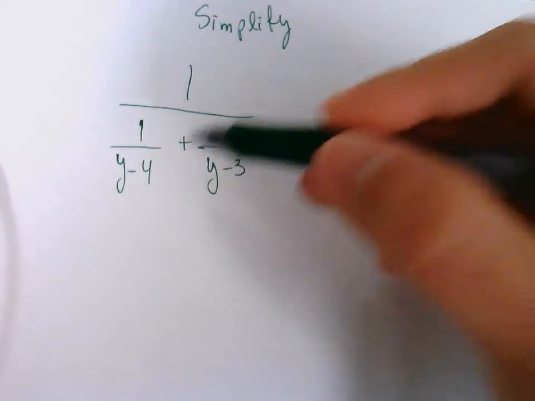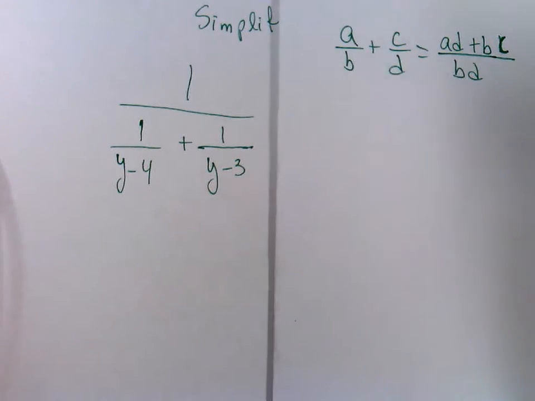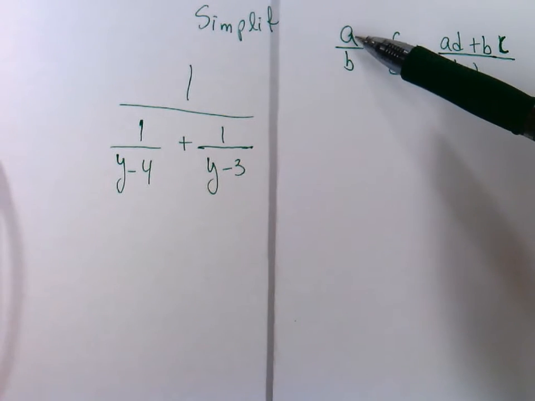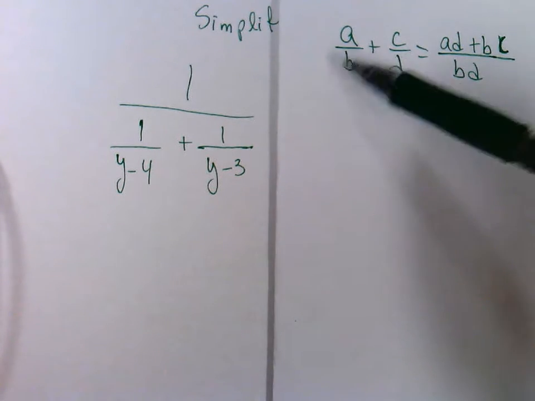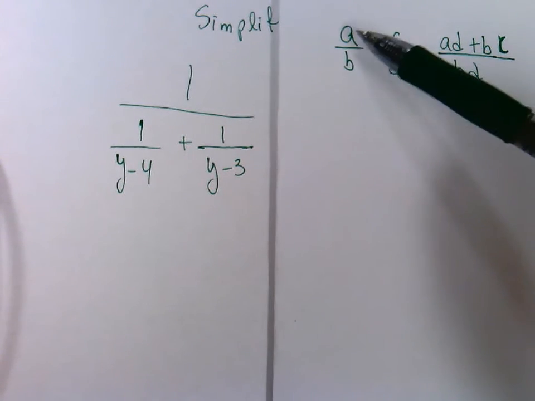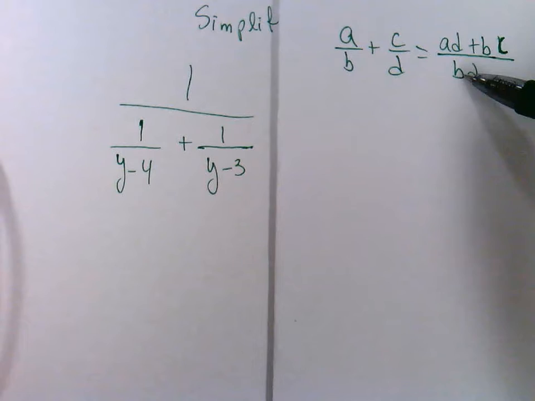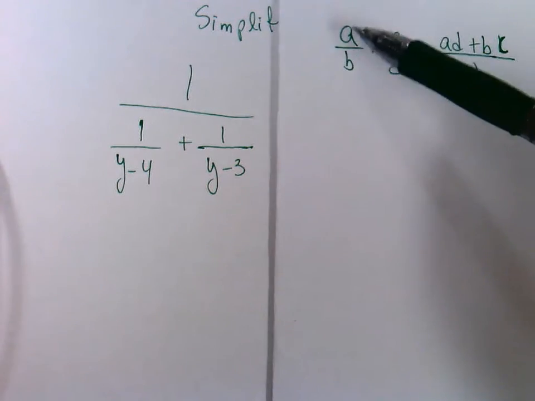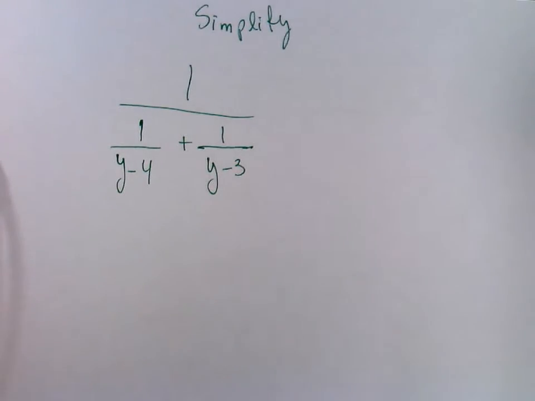Because I have two fractions adding each other, I will need to use this rule for adding fractions that says if I have a fraction a divided by b plus c over d, the way that I add them is I can multiply b times d to find the common denominator, and then multiply whatever I don't have on b to a, whatever I don't have on d to c. In other words, what I have on this denominator that I don't have on this one, I need to multiply it to the numerator. Sorry, I shouldn't have said the one on the top.